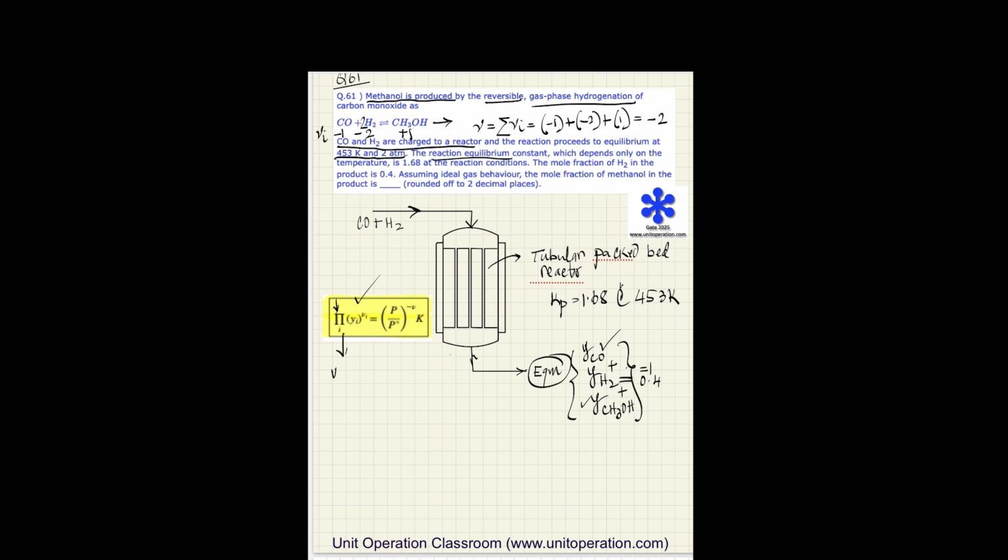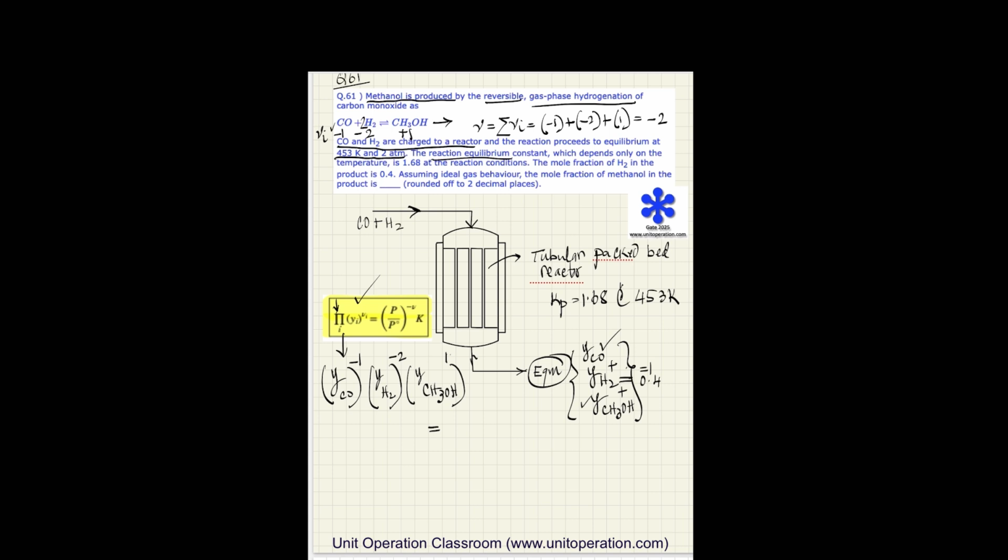If I write the product function, it is equal to the product of y i raised to nu i. So it is y of carbon monoxide raised to the power -1, then y of hydrogen, whose stoichiometric coefficient is -2, and then y of methanol, whose stoichiometric coefficient is 1. So that's the product function.